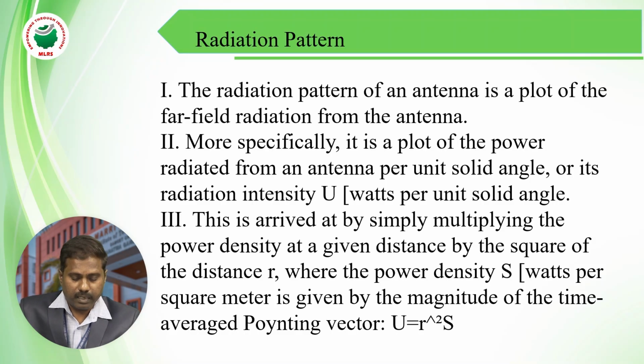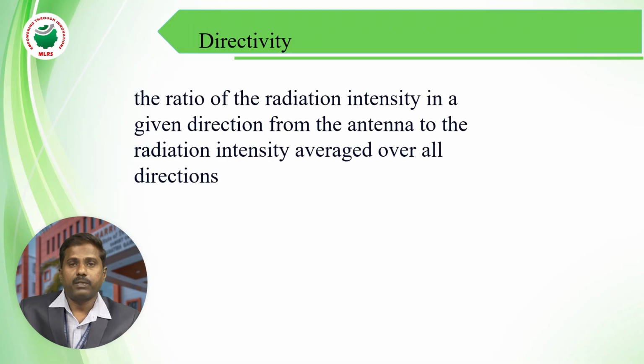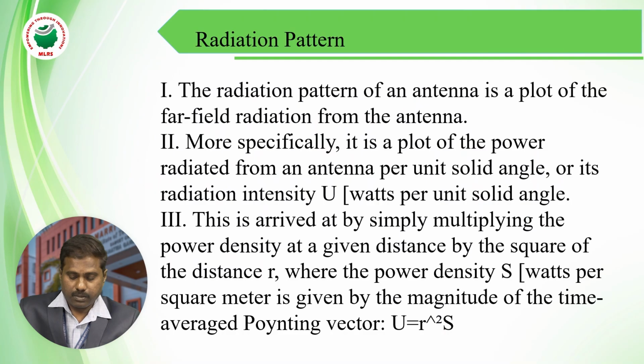So here we are calculating the radiation pattern of the antenna, a plot of the far field radiation from the antenna. Far field means the field which is far from the antenna, where we are calculating the radiation pattern. It is a plot of power radiation from the antenna per unit solid angle. First we need to calculate the radiation intensity and the distance, so that we can state the power density.